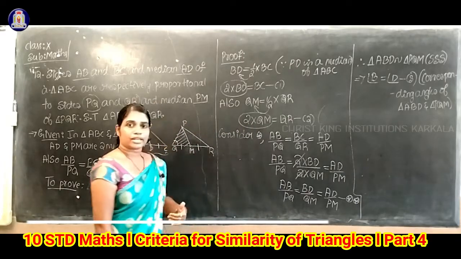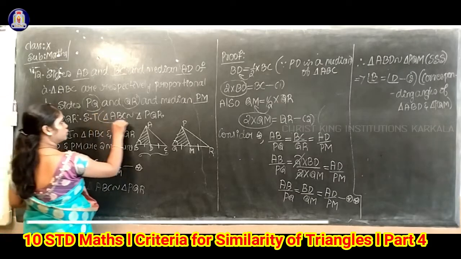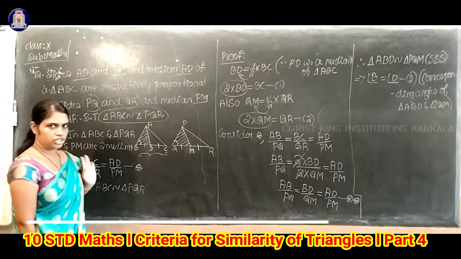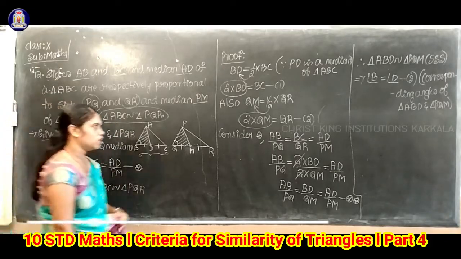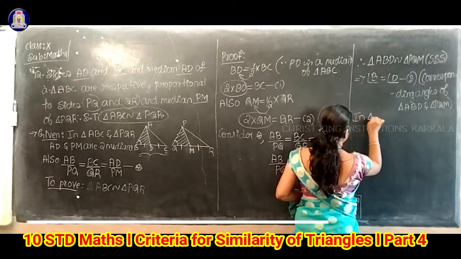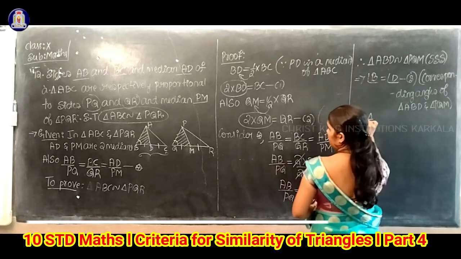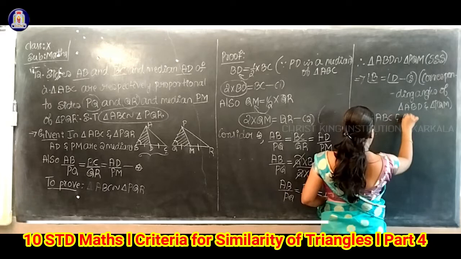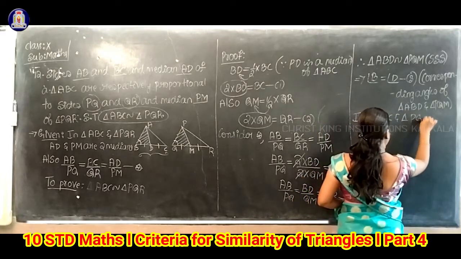Actually, what do we have to prove here? What is our question? We have to prove these two triangles are similar, isn't it? This is our question, right? So now consider triangle ABC and triangle PQR.